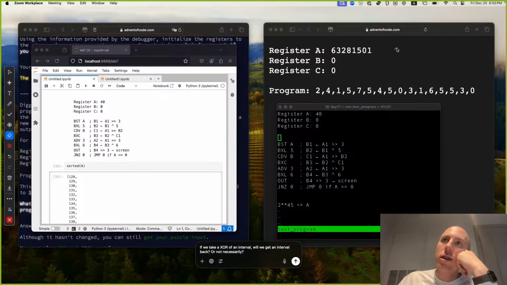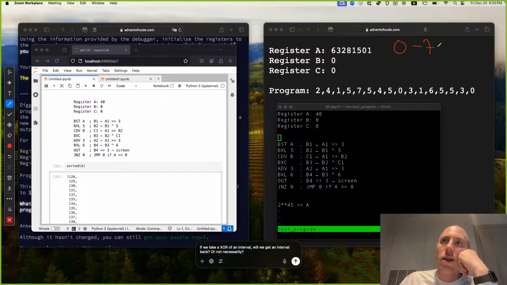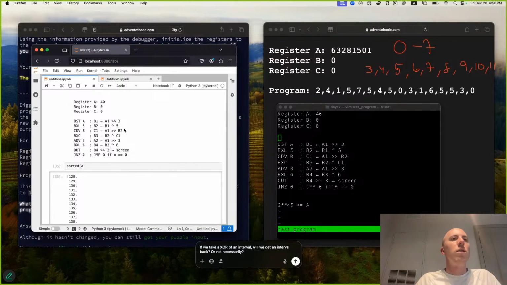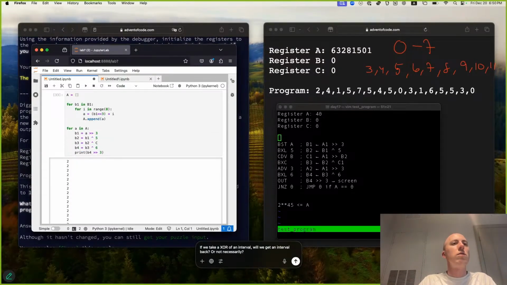So instead of going 0 to 7, we would go maybe 3, 4, 5, 6, 7, 8, 9, 10, 11. Something like that. I kind of don't want to do this out. I kind of just want to code this and just print out the values.